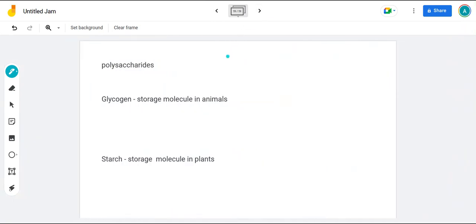Now starch can come in two types. We've got two different polysaccharides that make up starch. The first one is called amylose, and the second one is called amylopectin.